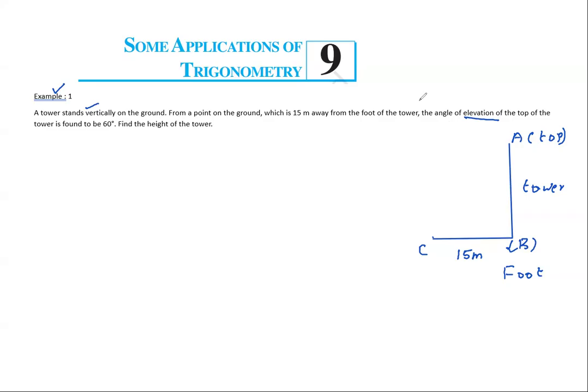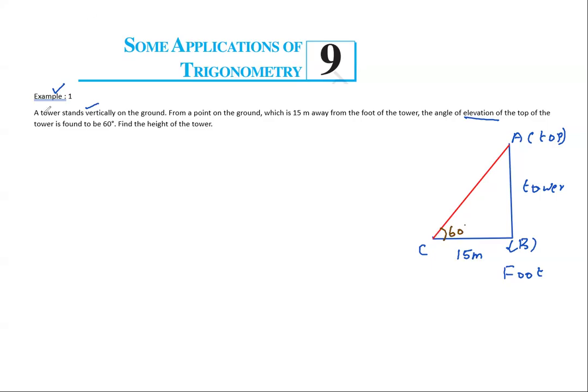In this chapter we have two terminologies: one is elevation, the other is depression. Angle of elevation is looking upward, angle of depression means looking downward. So the angle of elevation of the top of the tower, top of the tower is A. So we have to connect A and C. We are connecting A and C. The angle of elevation of the top of the tower is found to be 60 degree. So the angle is 60 degree.